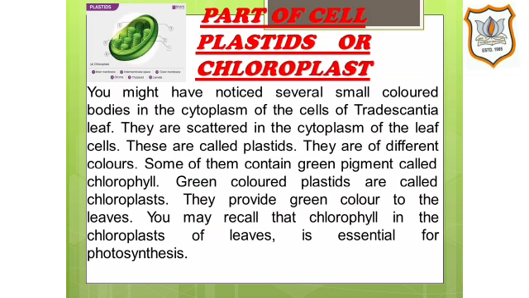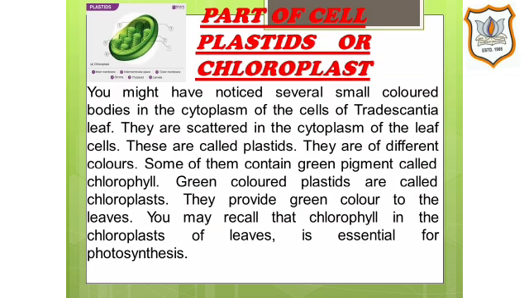Chlorophyll can absorb sunlight energy. In the chloroplast, carbon dioxide and water combine in the presence of sunlight to produce food such as glucose. And this process of food making is called photosynthesis. Thus, chloroplasts help in the making of food by green plants.